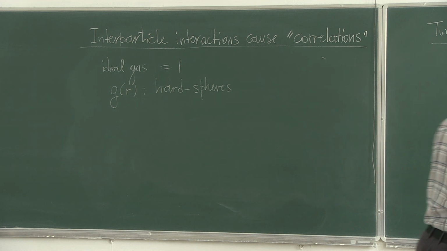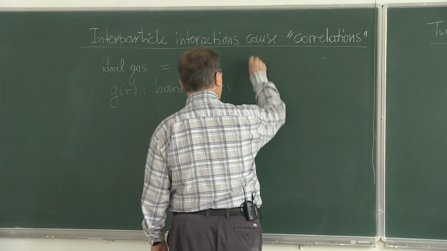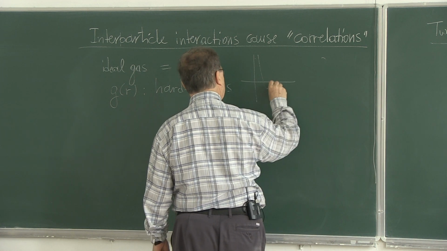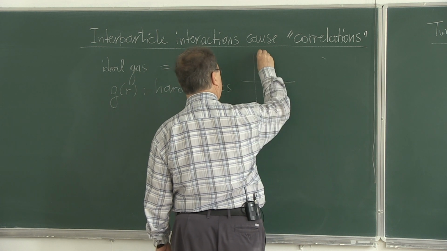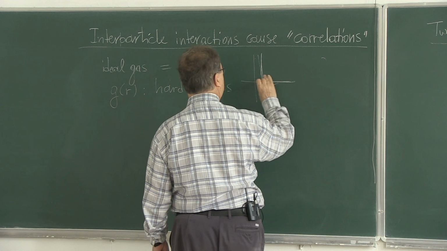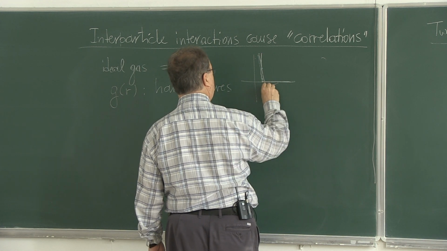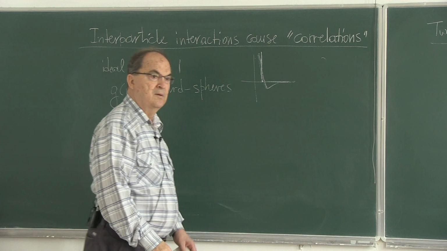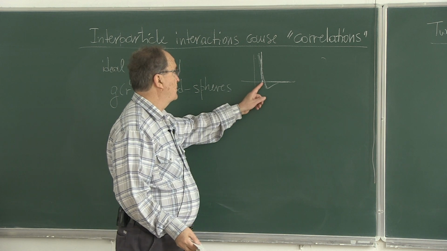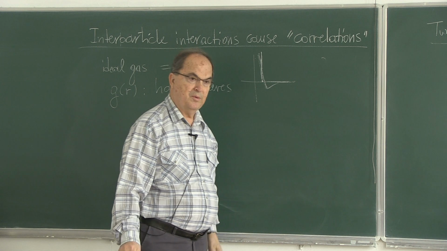So hard spheres mean the interaction is, instead of having an interaction like this, it has an interaction like that. Something like this. So it is only repulsive interaction. At 2r it goes to infinity, otherwise it is 0 when they are further apart.